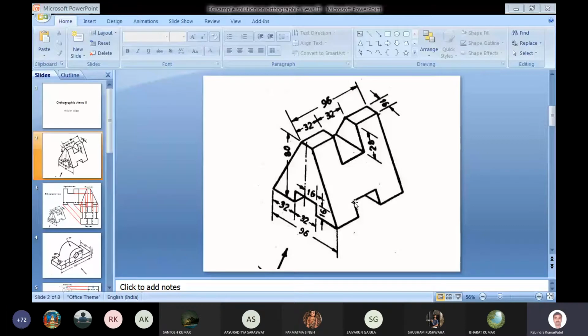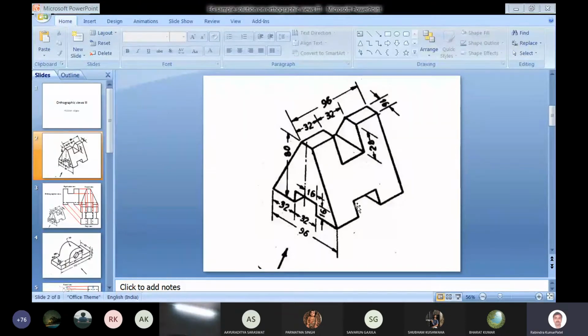Those edges we cannot see from the top, and corresponding to those we can get the hidden edges in the dashed lines in the top view.